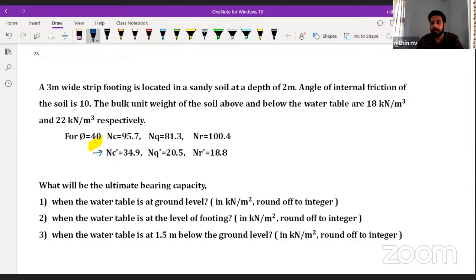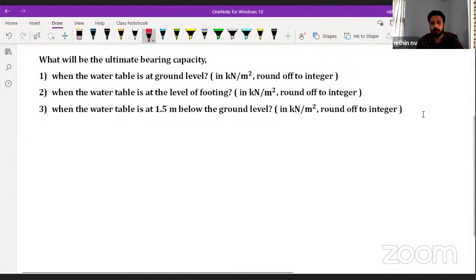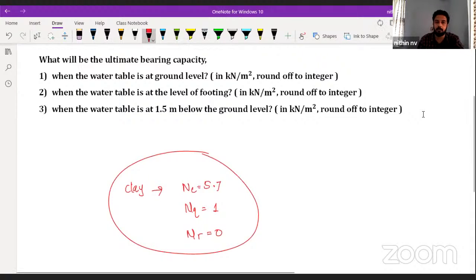These are actually the NC values of phi dash, or phi m. These values are predefined values. One extra point I can tell you, not for this question. For a clay layer, your NC value will always be 5.7, your NQ value will be 1, your N gamma value will be 0. It is fixed for a pure clay.